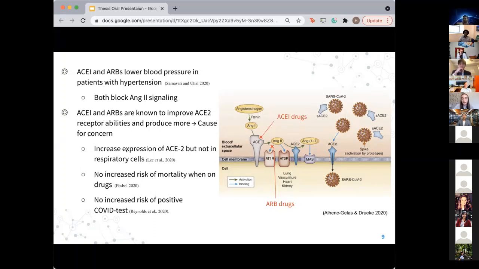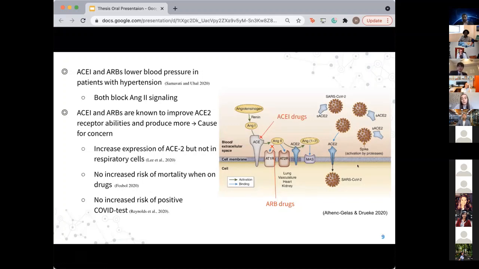The second and third were population statistics studies that found no increased risk of mortality and no increased risk of morbidity when using these drugs. So no increased risk of getting a positive COVID-19 test. So these 3 studies kind of changed the course of my research and ruled out the cellular argument as a cause of racial disparities.